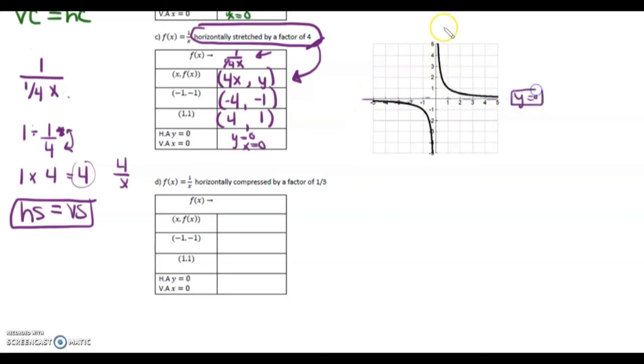Okay, so I'm just going to make dotted lines where the vertical and horizontal asymptotes are, and I'm labeling them x equals 0 and y equals 0. And now I'm just going to plot my 2 points, -4, -1. And then 4, 1.